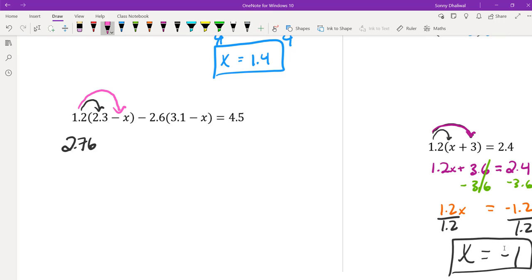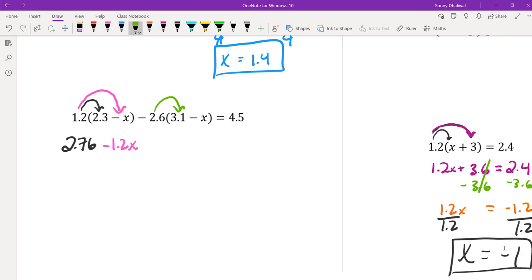Multiply the next together, it's 1.2x. Now the number outside this bracket only gets applied to this bracket here. Then we move on to the next bracket. You have this 2.6, and it multiplies everything inside this bracket.